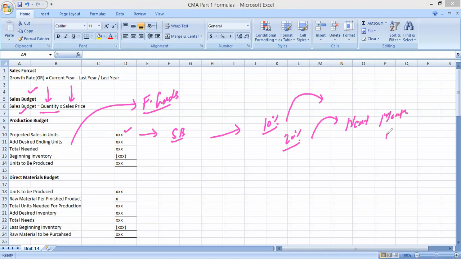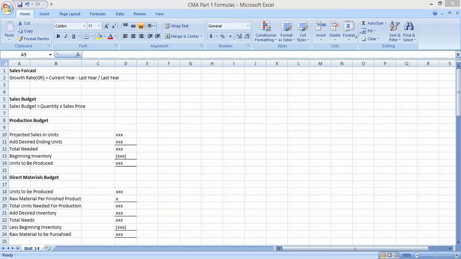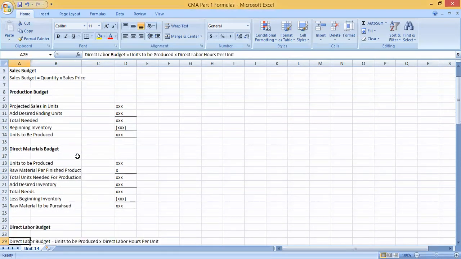Usually it will be given in the question. Once we add the ending inventory, we will have total needed. From this, we just need to subtract beginning inventory. We will have units to be produced. So this is our production budget. This simple formula you have to use whenever you want to calculate the figure for the production budget.